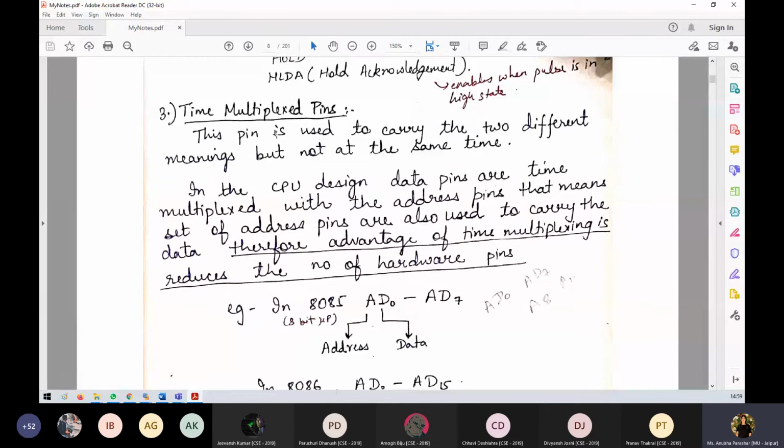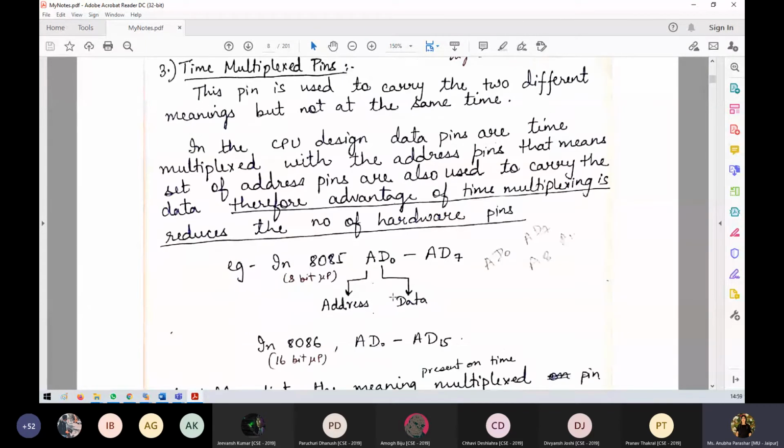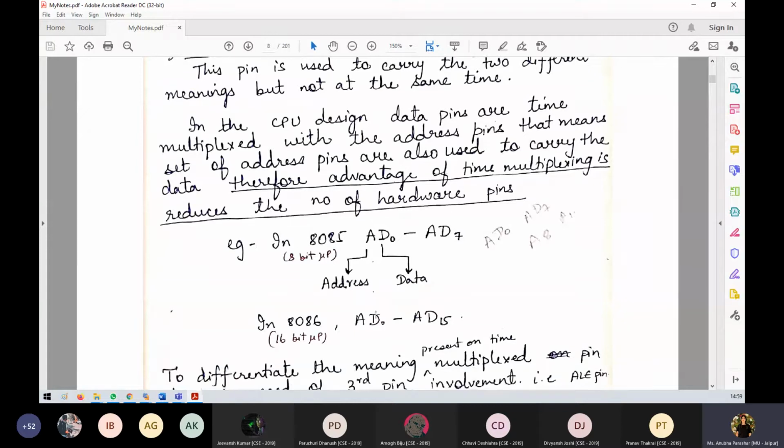That means these pins will be enabled when certain timings are provided. For example, in 8085, there are address/data lines AD0 to AD7. A means address pins, D means data line, whereas in 8086 we have A0 to A15. So what does that mean?